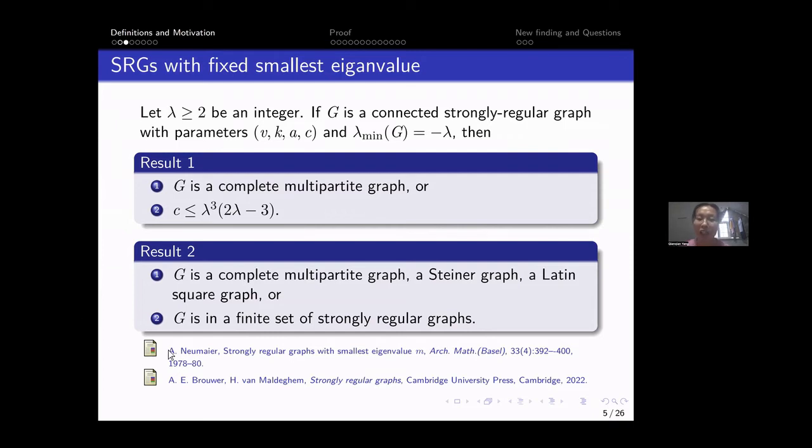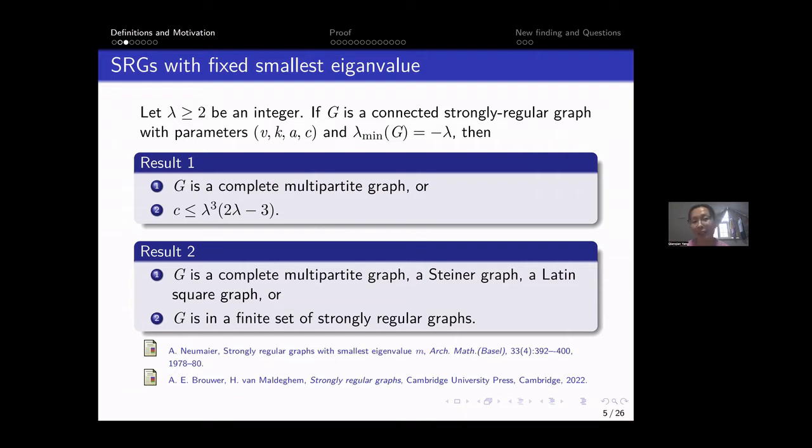If you are really interested in how he showed these results, you can read his papers. In the paper, the graphs must be strongly regular, and he used a lot of properties strongly regular graphs have.